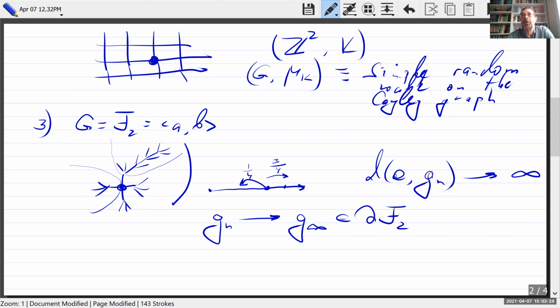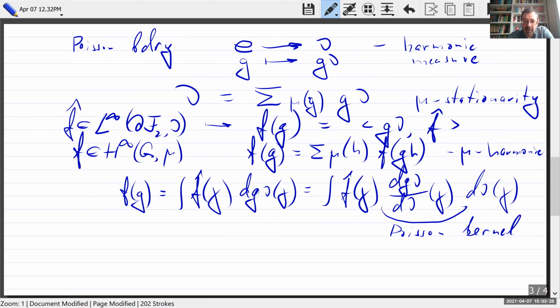Okay, now it turns out that one can do it in the opposite direction. Namely, if we start from an abstract group, just from a general group, but endowed with this additional structure, endowed with this random walk, it allows us to equip our group with a boundary. So this is what is called the Poisson boundary.